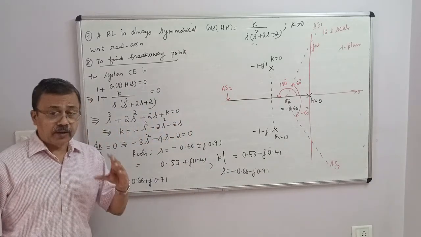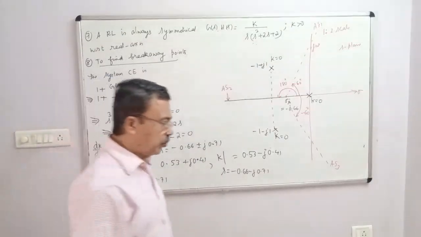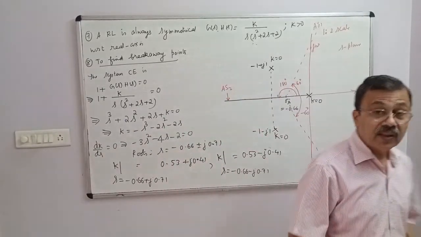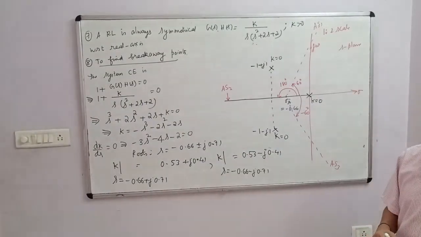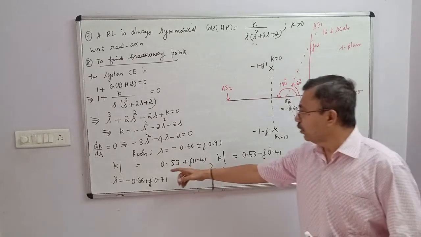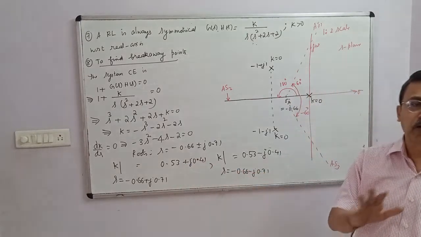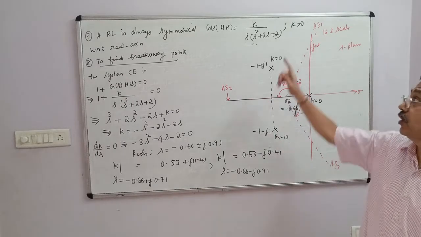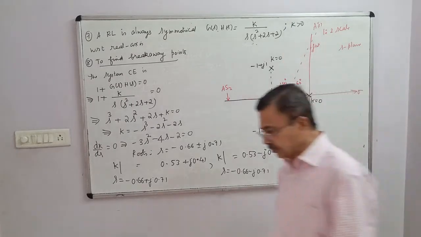The value of k at a breakaway point should be real and positive. In the present case, the values of k are complex. Therefore, no breakaway points for this problem.